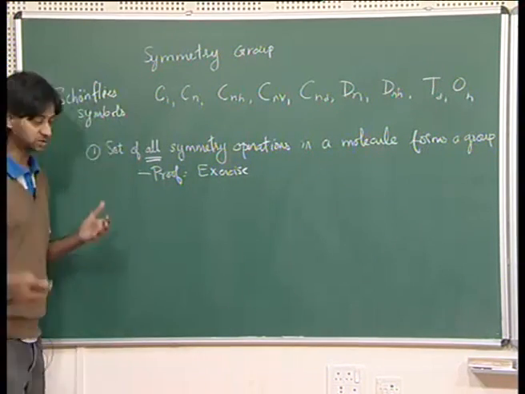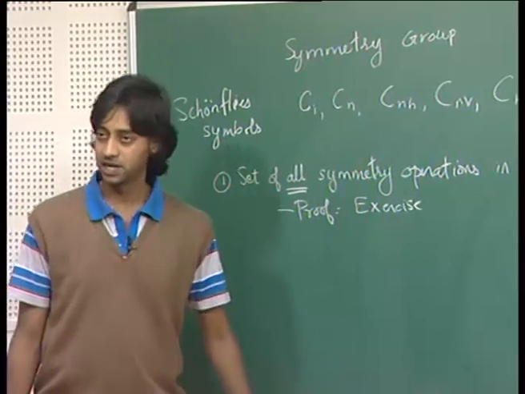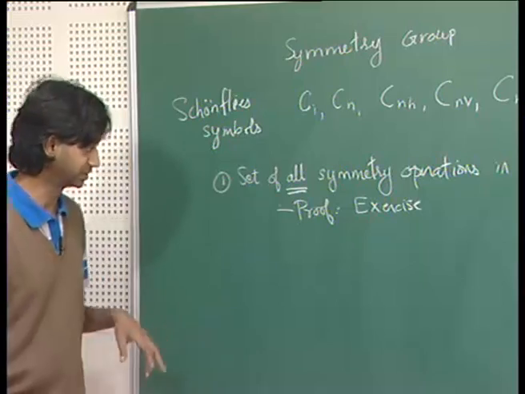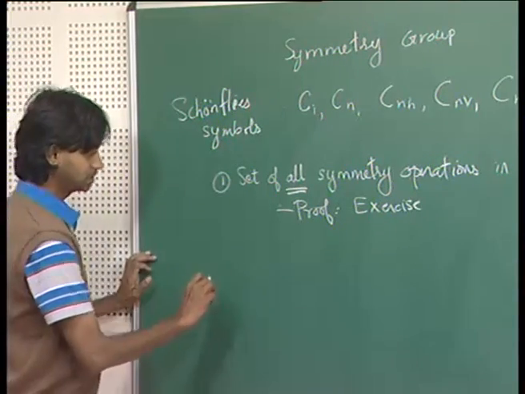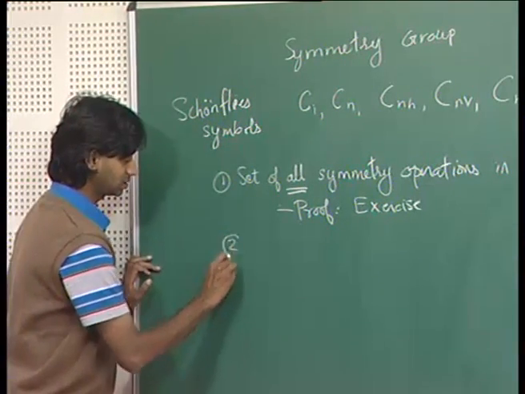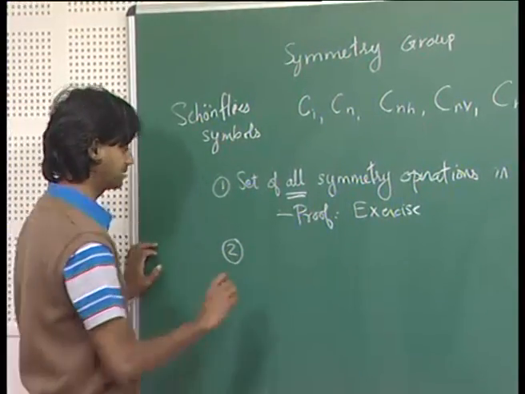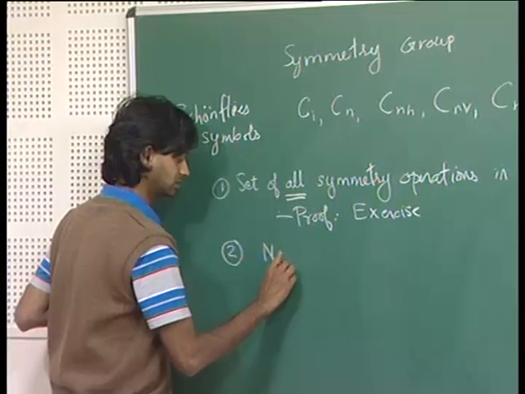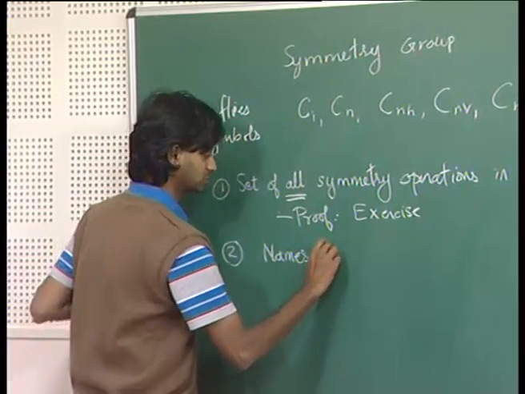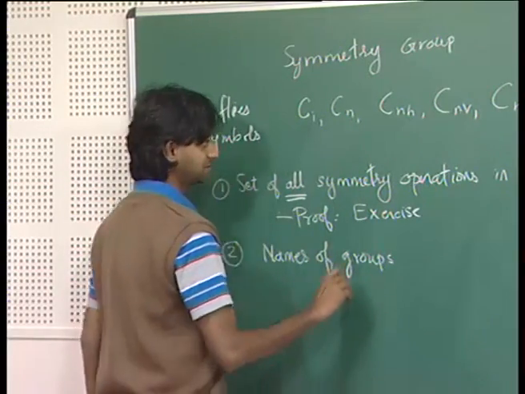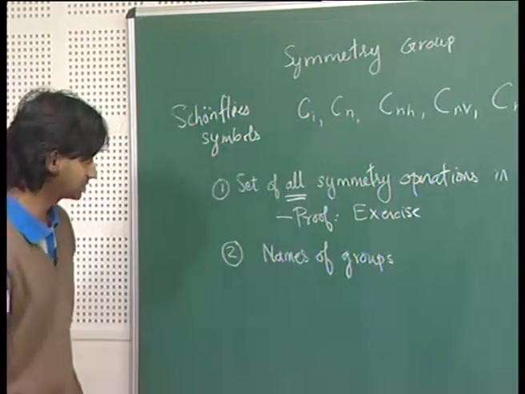Okay, so I suggest that you try to prove this, and if you have problems proving it, you can look in any standard book on group theory. Now, how do you name the group? Names of groups. For this we will be using the Schoenflies symbols.